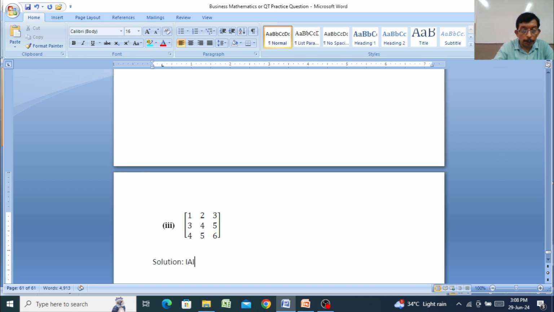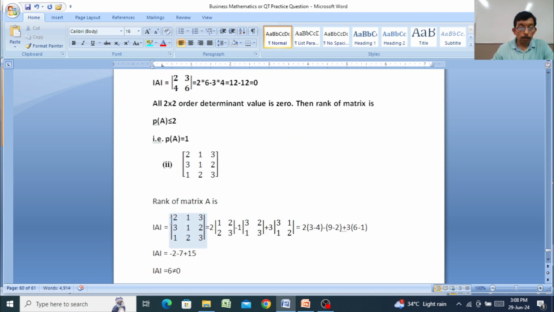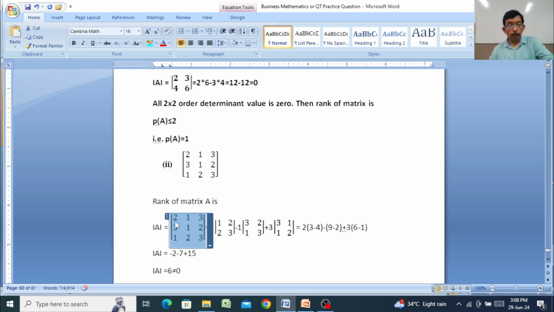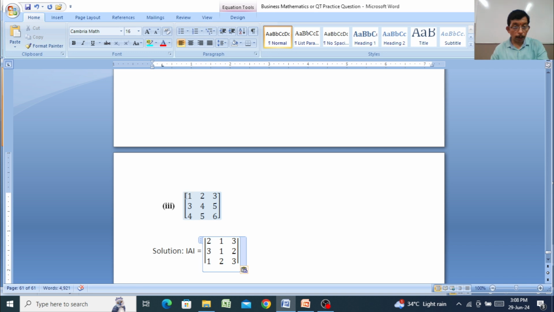Determinant of matrix equal to... Now note down the elements of the matrix and write down here, and calculate by expanding along the first row.